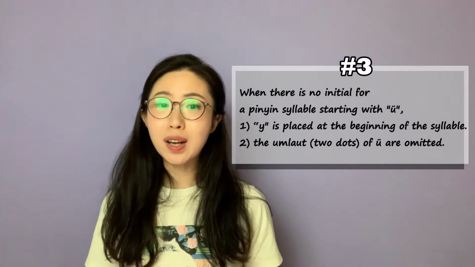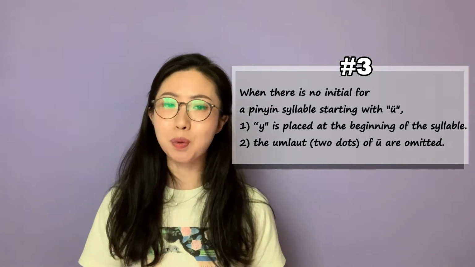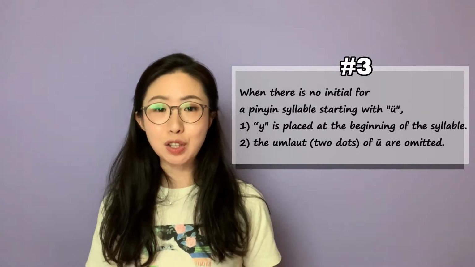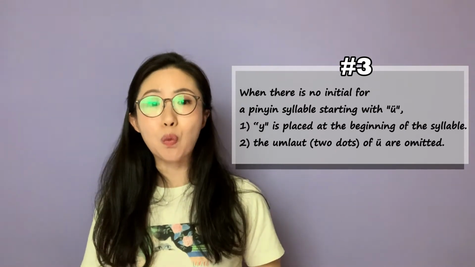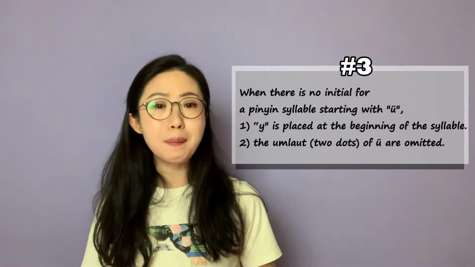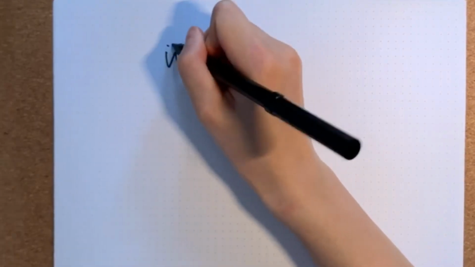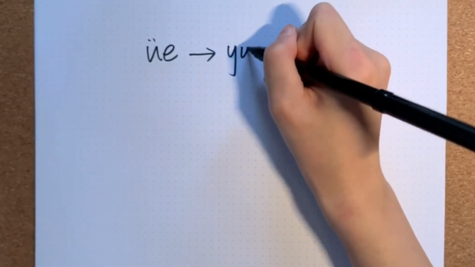Okay, let's move on to rule number 3. This rule is also similar to rule number 1 and 2. When a Pinyin syllable starts with simple final ü without an initial, we write letter Y before ü and omit the final ü's two dots. Other syllables that apply this rule include üe is written as yue.